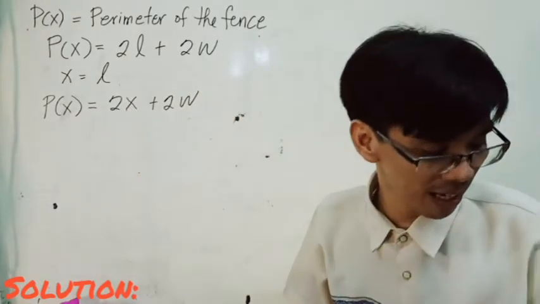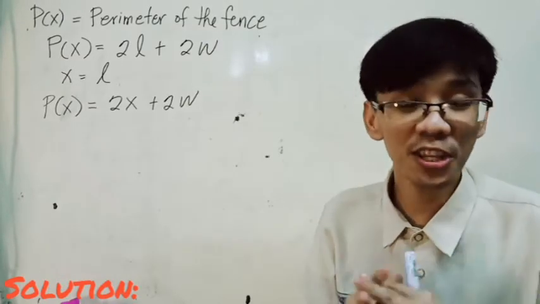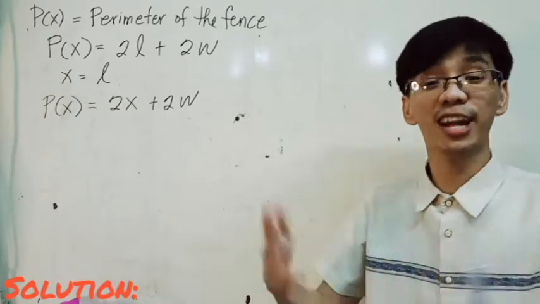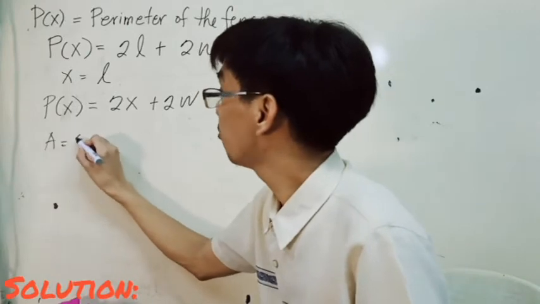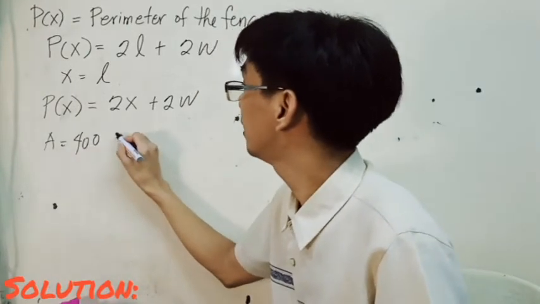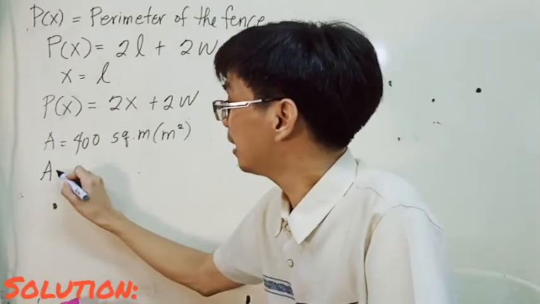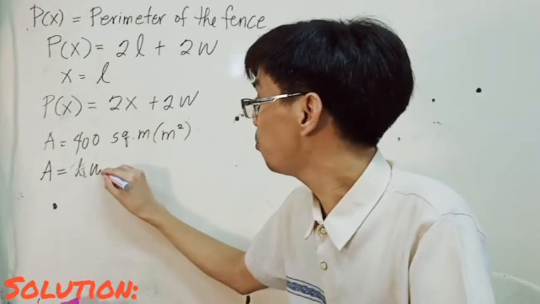Going back to the problem, it is said that the rectangular vegetable farm is 400 square meters. So there is a given area. The given area is 400 square meters. We all know that the formula for area is length times width.